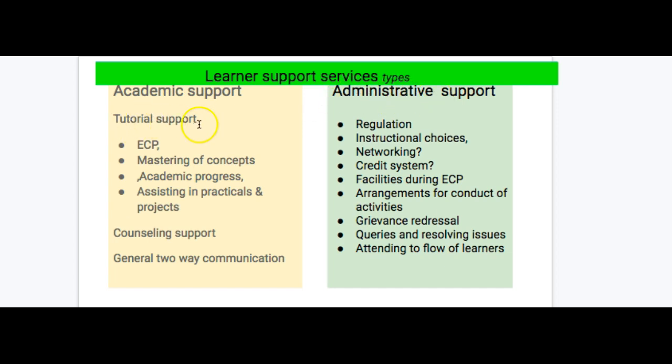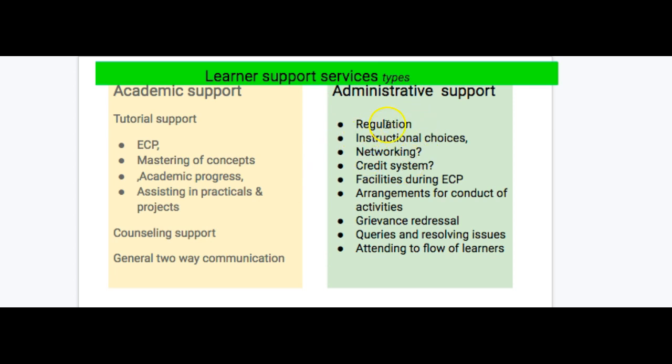Academic support we can see in the form of tutorial support, conduct of counseling sessions, conduct of extended contact programs, mastering of the concepts at the learner support centers through the counselors, academic progress and assisting in practicals and projects, and general two-way communication which is established through the regional center or the headquarters or at the learner support center by the counselor, by the coordinator or the staff and functionaries with the learner or from the learner to these functionaries.